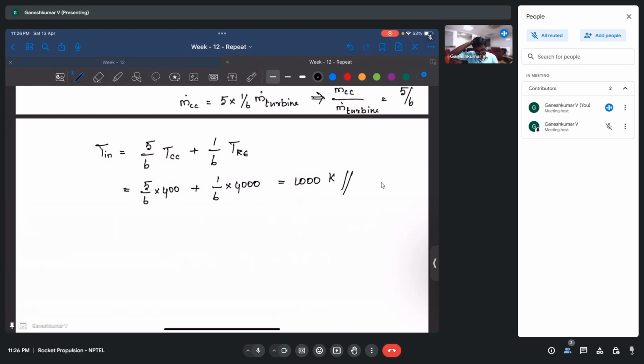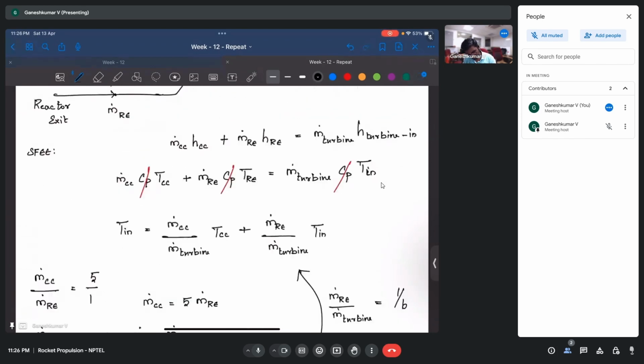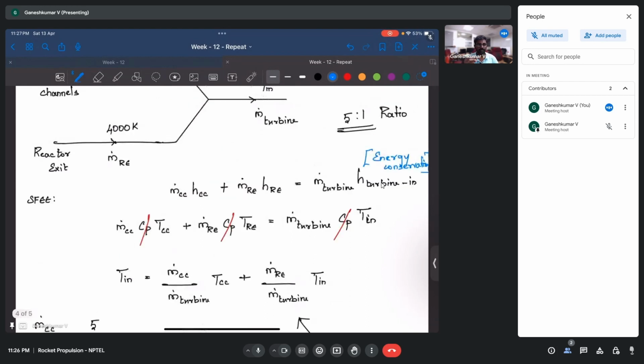Okay, and what we used is energy conservation, which you should note. Basically we have been using energy conservation everywhere, which is what I want to stress here. It's not some random formula, it's basically energy conservation. In fluid mechanics, rocket propulsion, thermodynamics, everywhere, there are only a few principles you need to remember.